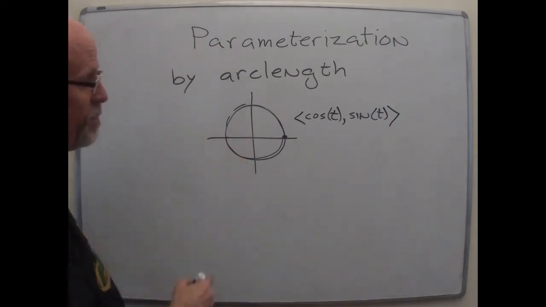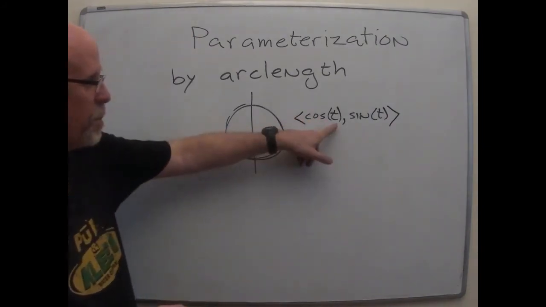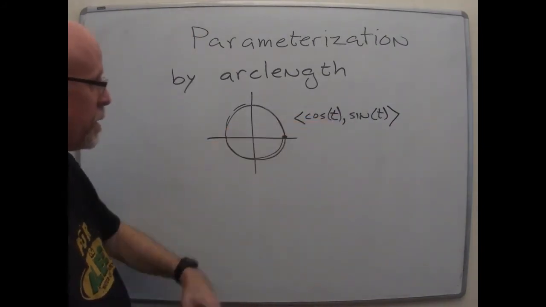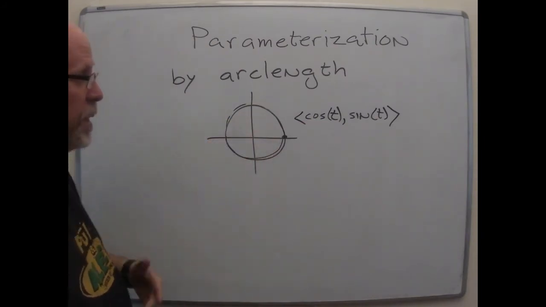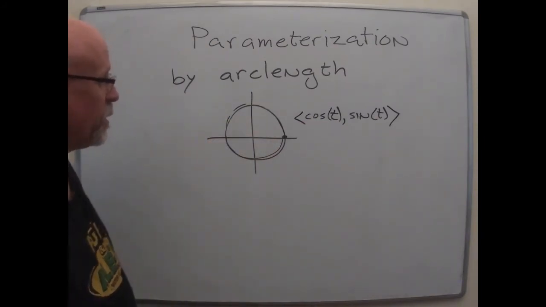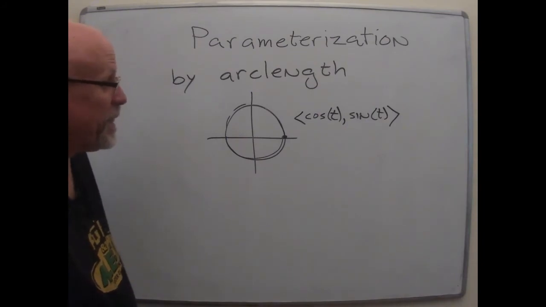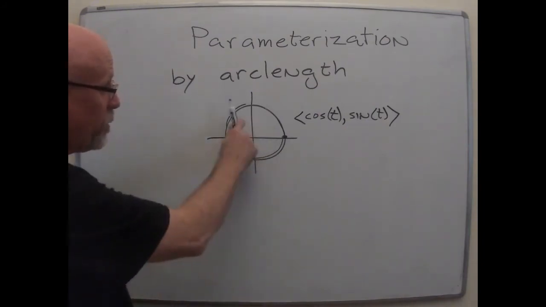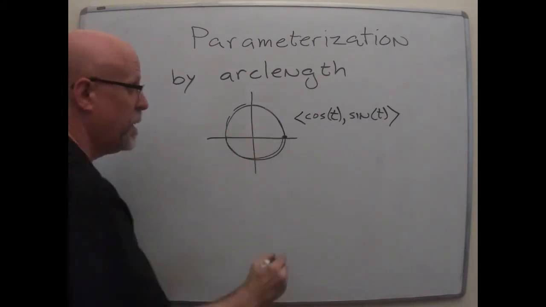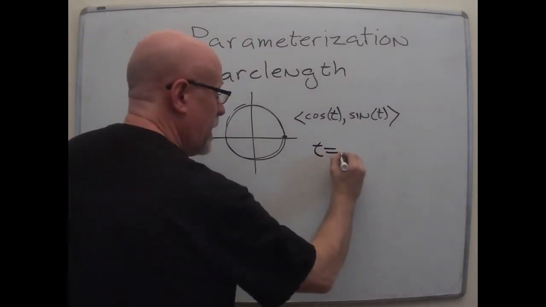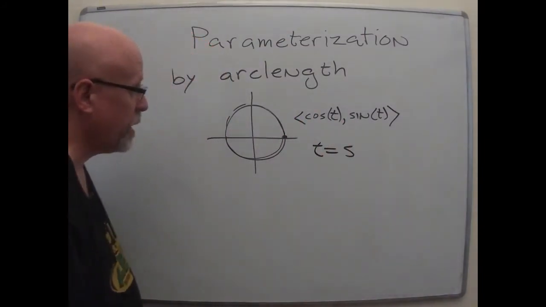That t in there, a lot of times I probably should have called it theta, because you're supposed to think about angles, but I accidentally called it t. Because what is it really? It's how far around the arc we've traveled. That is, t in this case is literally equal to s, the distance traveled.